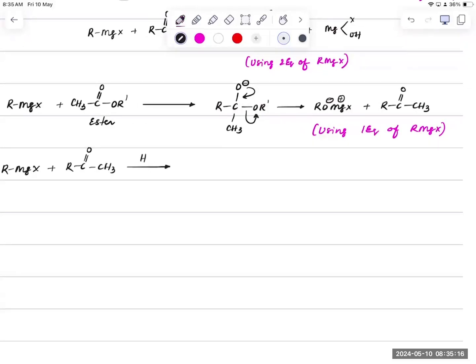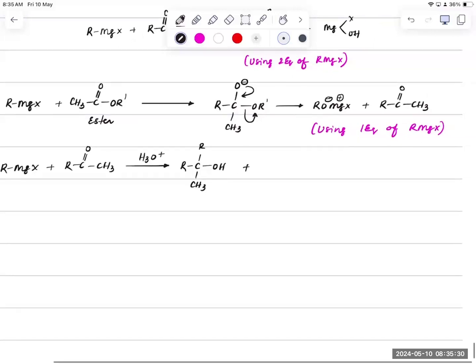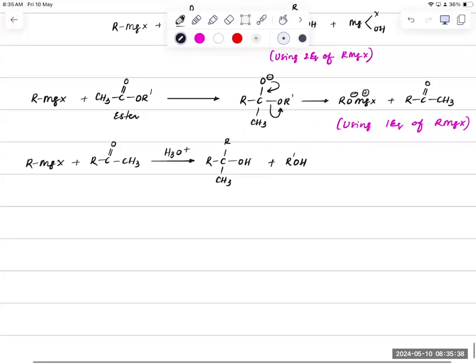If we use one more equivalent and then do hydrolysis, we'll get this as R C R with CH3 and then OH, right? This plus, if you notice, this is also RO minus, if you add it in water, you'll get that as alcohol, R dash OH.